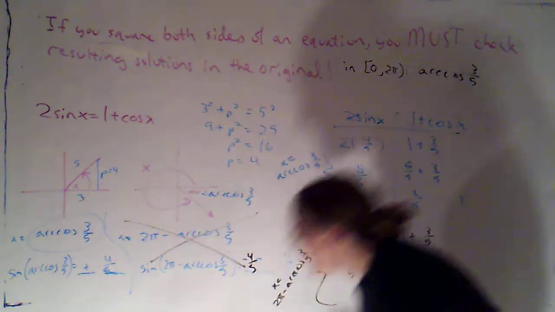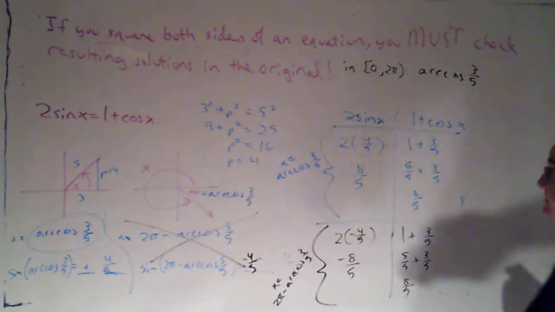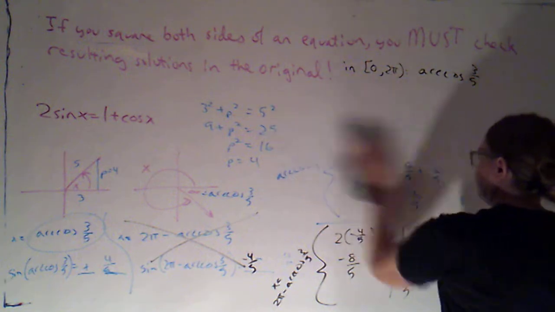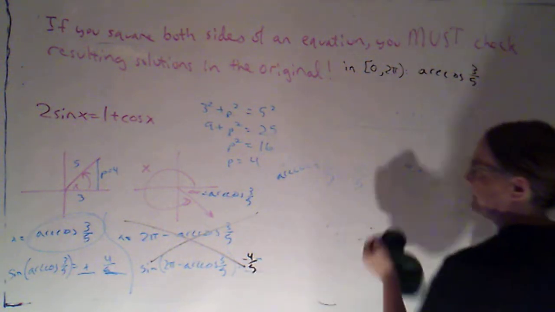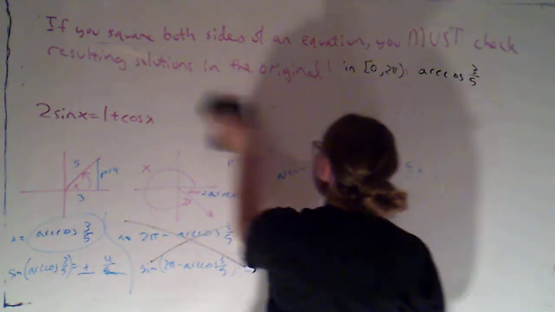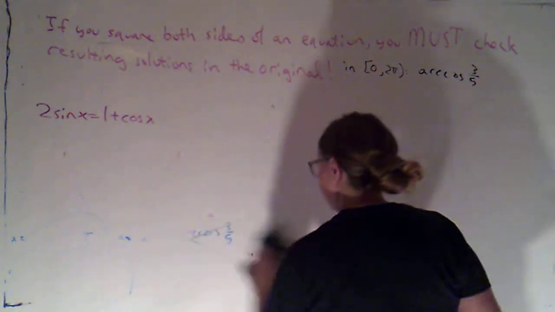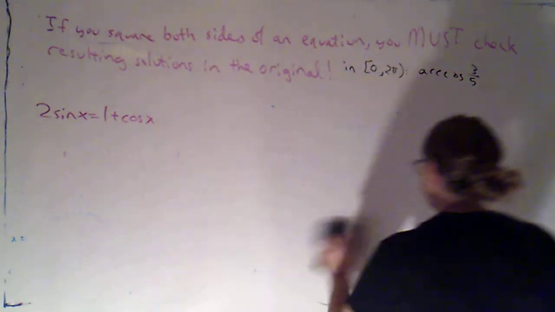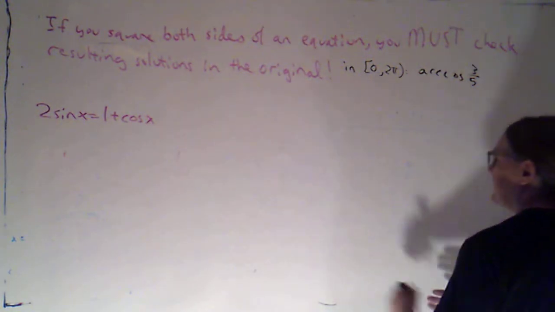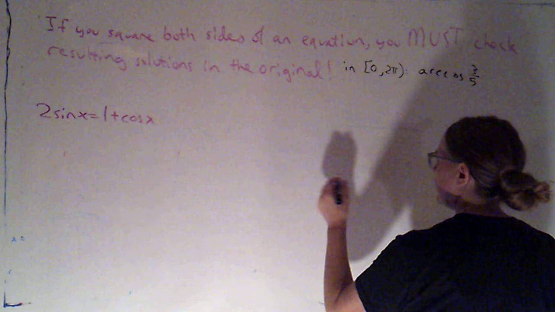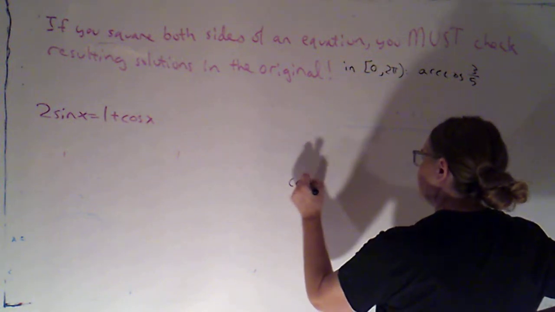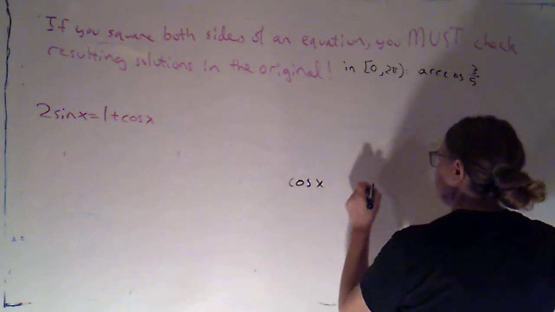Okay. Now, we had a second factor. That was a while ago, but we did have a second factor. I think it was, oh dear, let's see if we can remember. It was cosine of x, either plus 1 or minus 1.